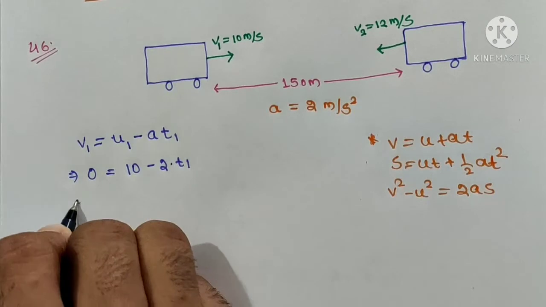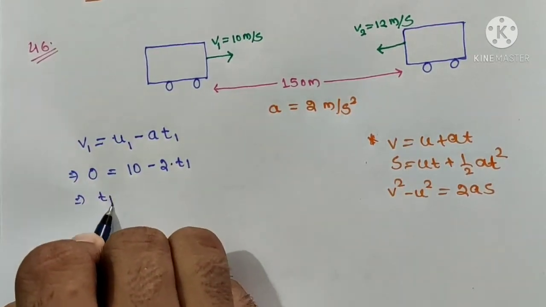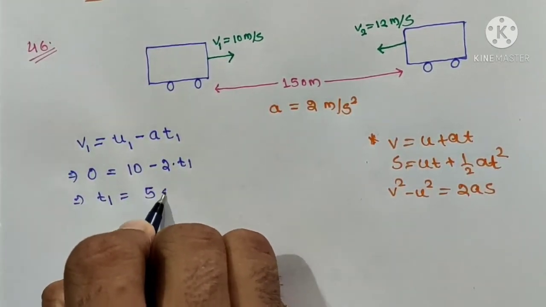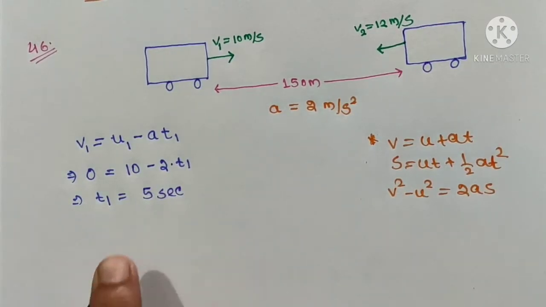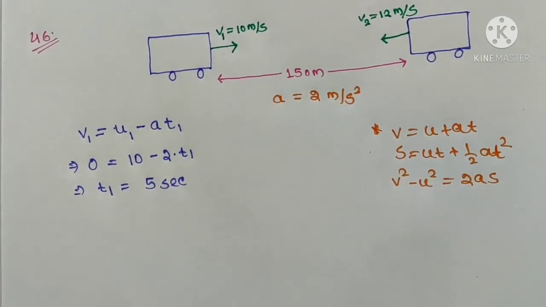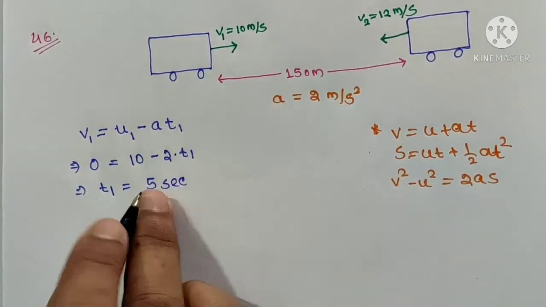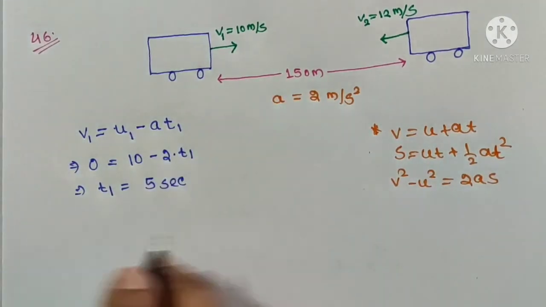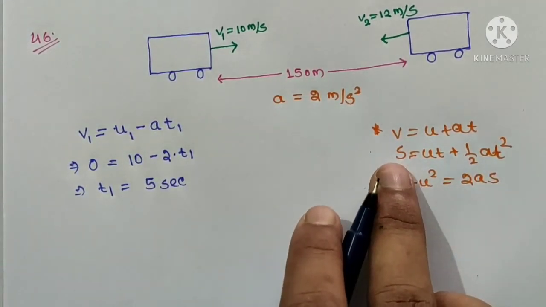So from here t1 equal to 5 seconds. So it will take 5 seconds to come to stop. Next, in this 5 seconds it will travel a distance. This can be calculated from this second equation.